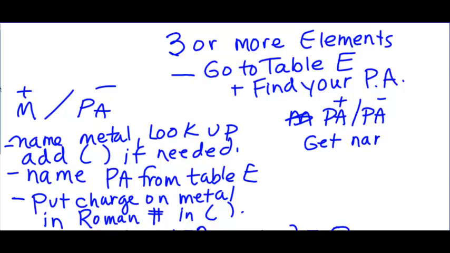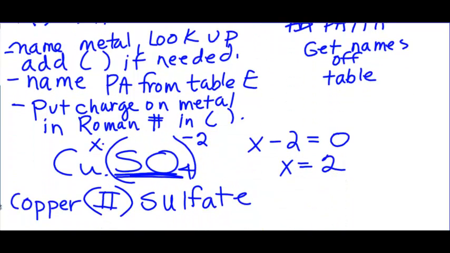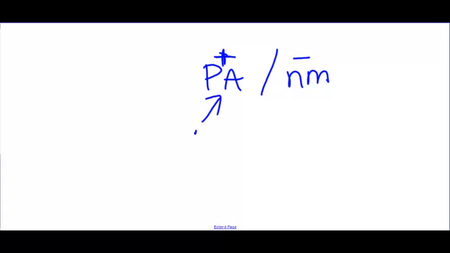And one other situation. Do you know what it is? The situation that's missing? You could have a positive polyatomic with a negative nonmetal. And then you get this name off the table.